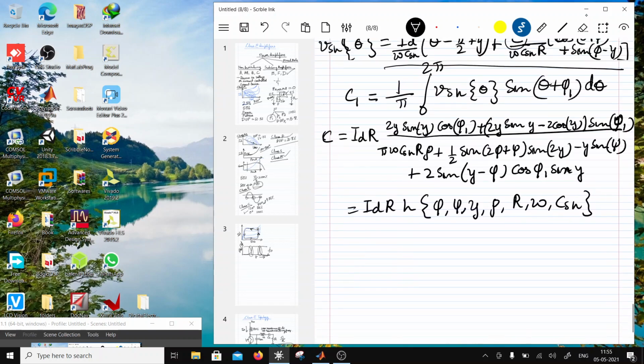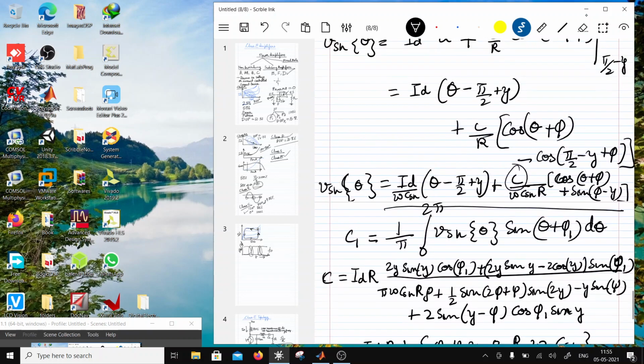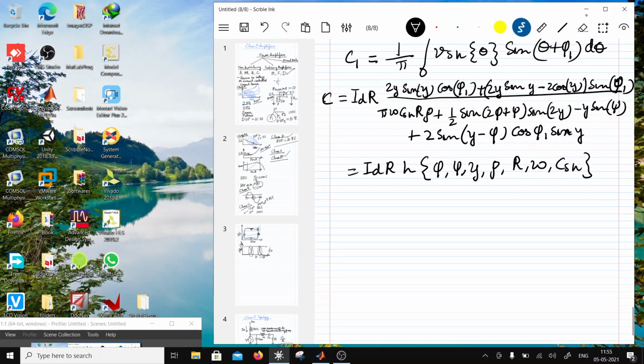Now another is the quadrature of this. Now the quadrature component is 0, right? So I can write 0 is equal to 1 over pi integral 0 to 2 pi. In this case 0 to 2 pi will basically be pi by 2 minus y to pi by 2 plus y.